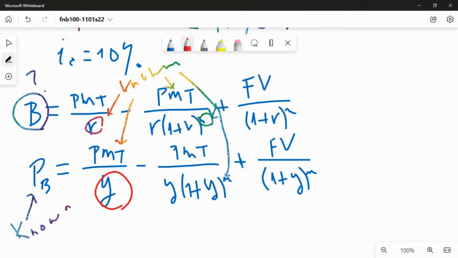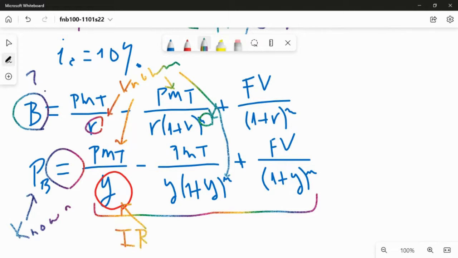Which means, given the current market price, what should be the discount rate that would make the right-hand side of the equation equal to the left-hand side. The unknown y here is called internal rate of return. What does that mean?